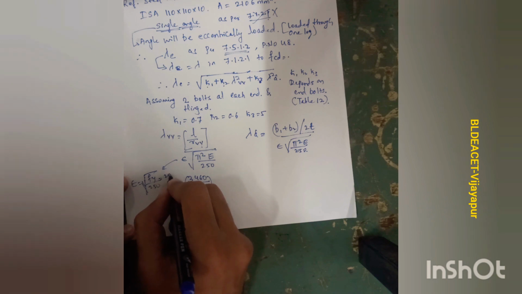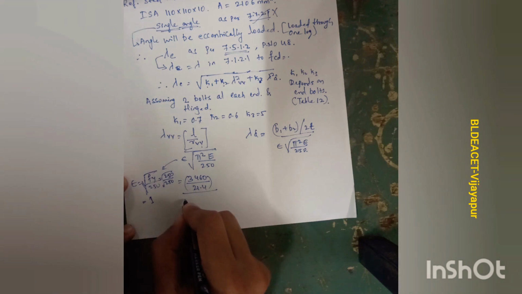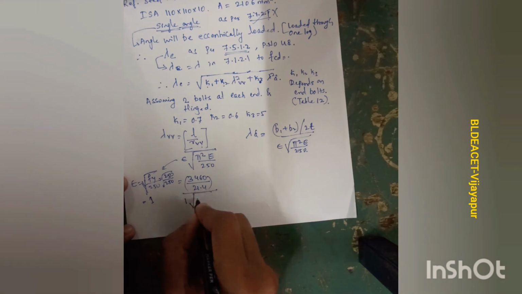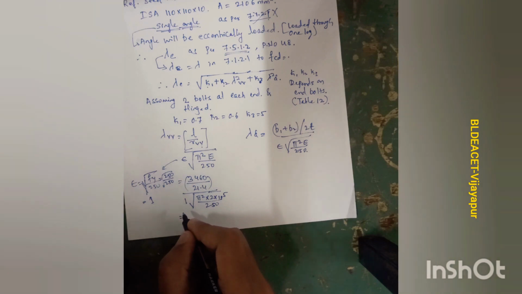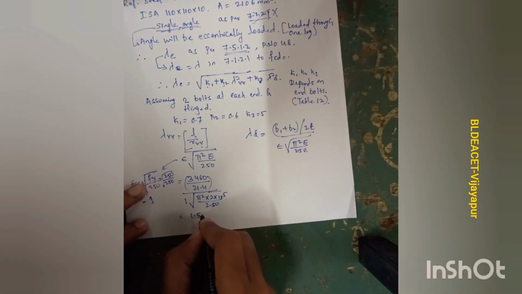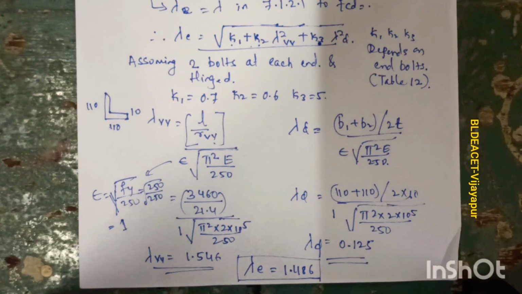Fy in our case is 250, divided by 250 under root, which is equal to 1. So epsilon is equal to 1 into root of pi square into Young's modulus, 2 into 10 to the power 5, divided by 250, which we will be getting as 1.546.